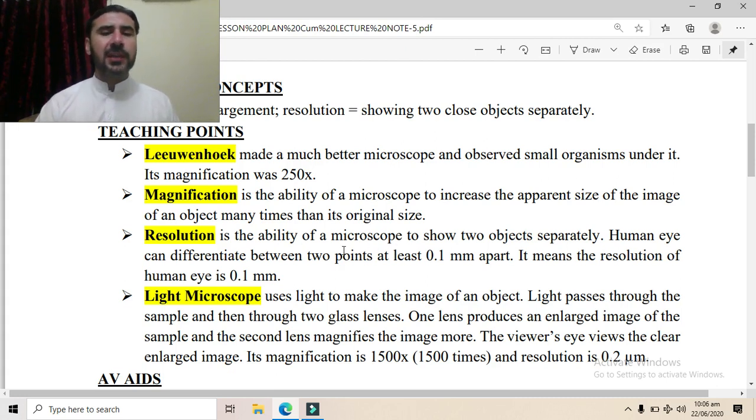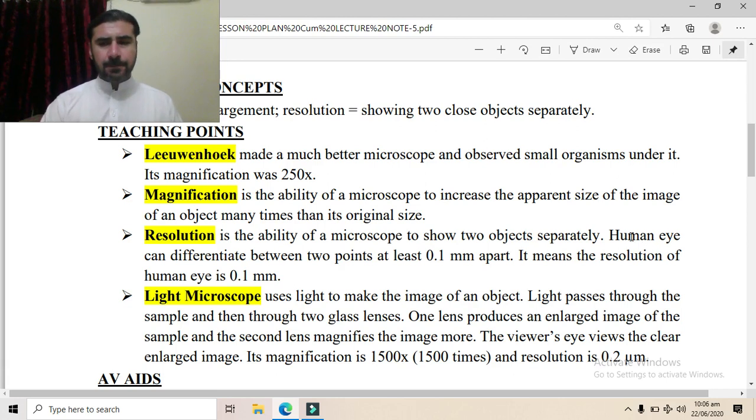So resolution is the ability of a microscope to show two objects separately. Separately means to distinguish two things. When two things are very close to each other, if a microscope has a good resolution, it will clearly differentiate two very close objects.